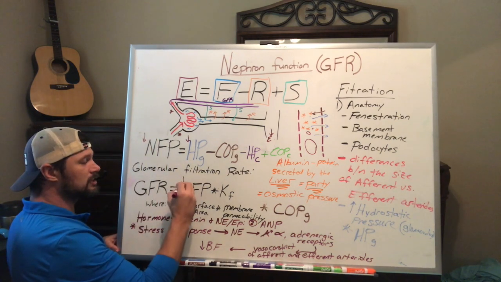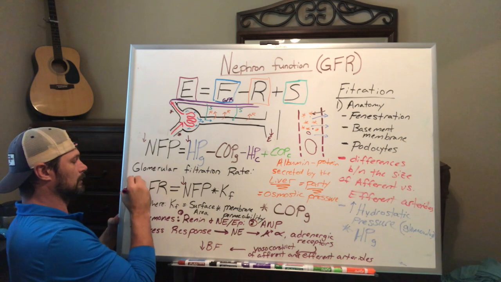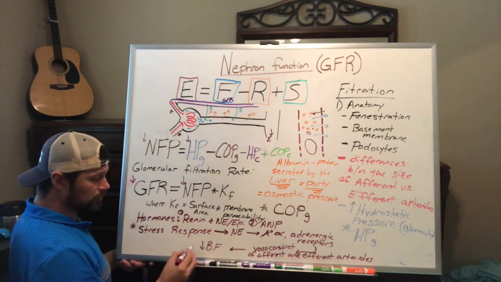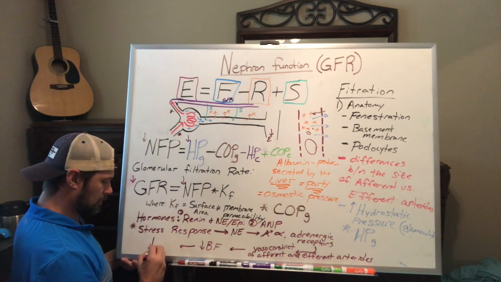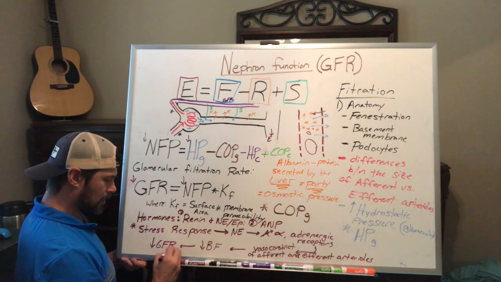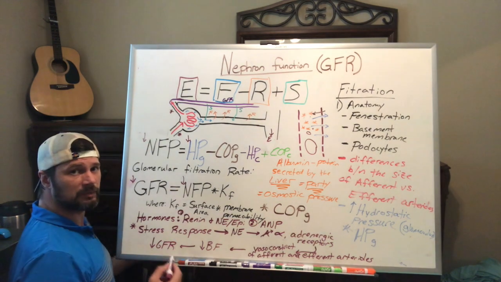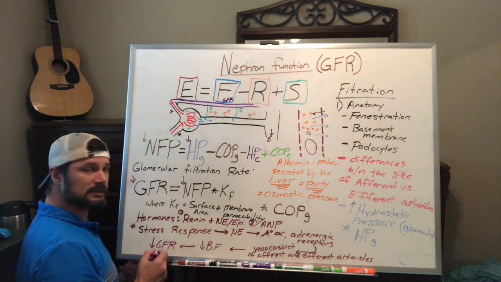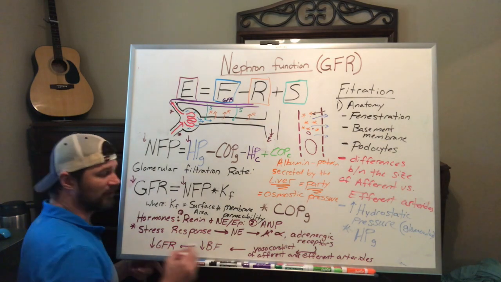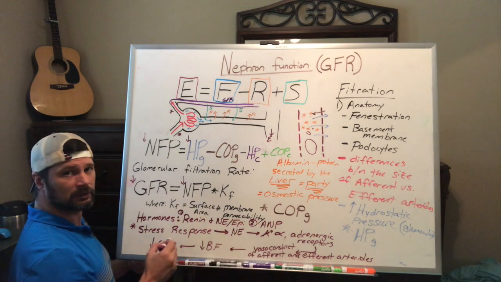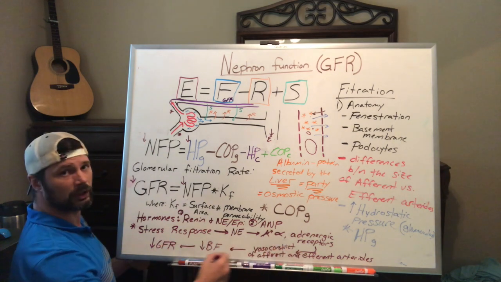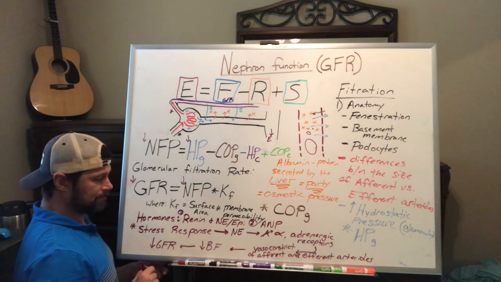And if NFP drops, GFR drops, which is what we were after to begin with. We were saying, if you're running from a moose, do you want to pee more or do you want to pee less? You want to pee less. We want a decrease in GFR. How does that happen? Boom. That's one of the ways that this can happen.